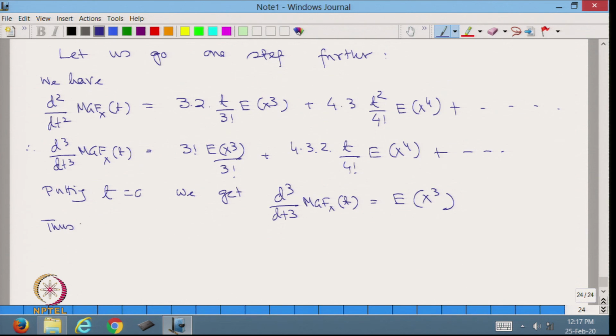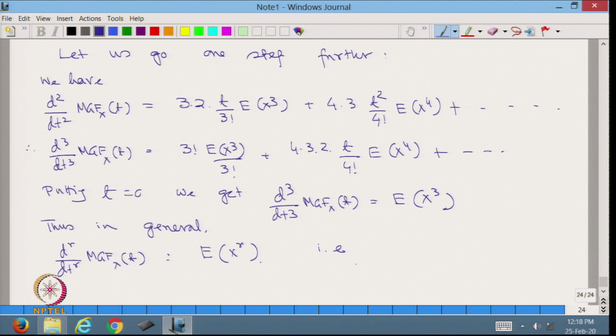Thus, in general, the rth derivative of the moment generating function at t will give us expected value of x to the power r.